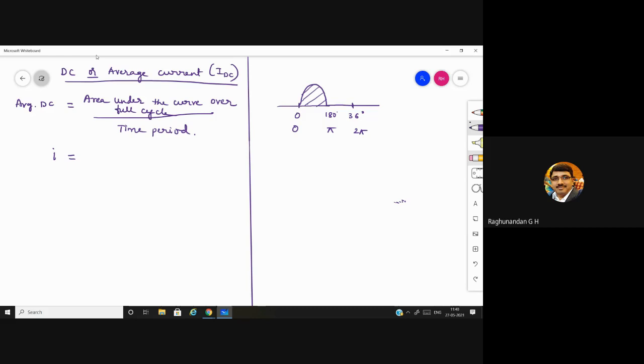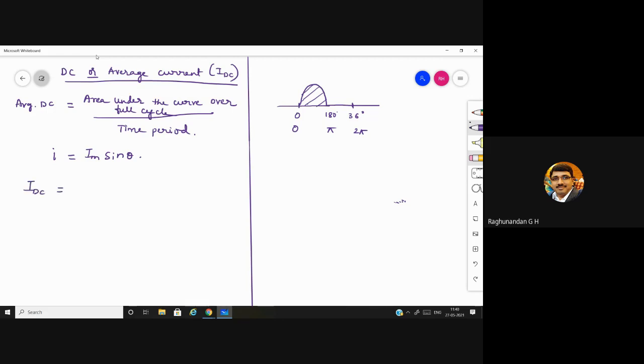That is full cycle. But when you are considering this, because we are telling area under the curve and here we don't have any curve, 180 degree. So we will write I is equal to Im sin theta. Instead of omega t, we will write it as theta directly. So now we will write the equation with respect to this.